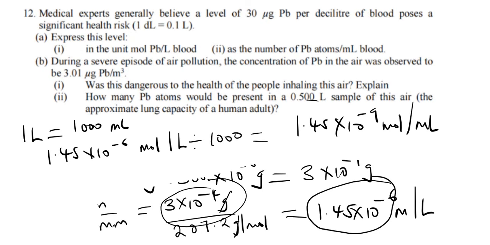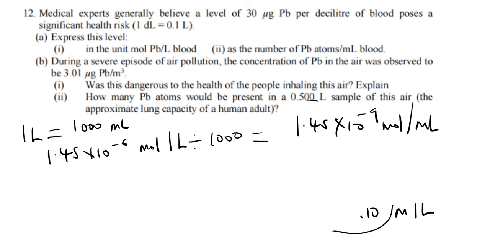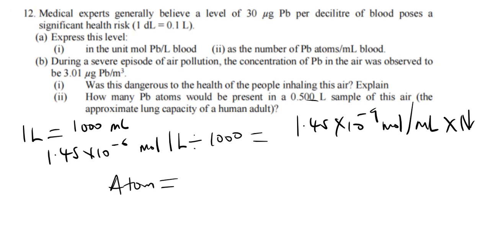So for the atoms, we said it's that number multiplied by Avogadro's number. Since I already have my 1.45, I'm just multiplying by Avogadro's number, which is 6.022 times 10 to the power 23 atoms per mole.